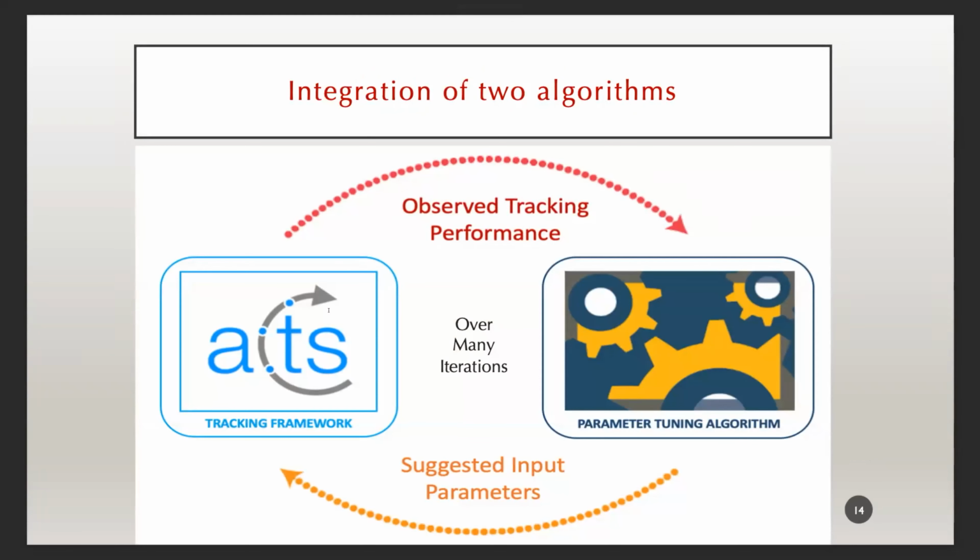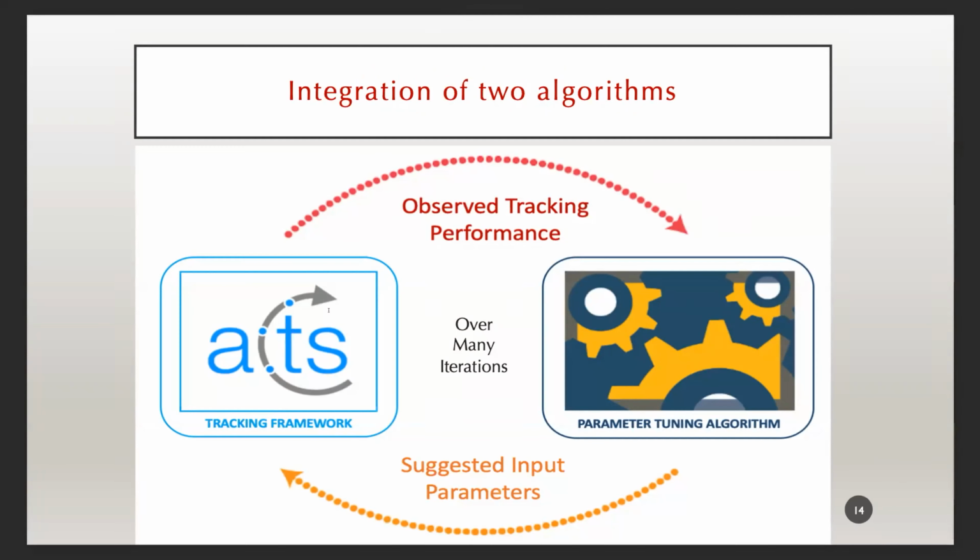And so how we have integrated the 2 algorithms. This is our ACTS tracking framework, and this is our tuning algorithm. We provide the list of the parameters that we want to tune and a minimum to maximum range to the tuning algorithm. Based on that range, the tuning algorithm suggests a set of parameters to the tracking framework.